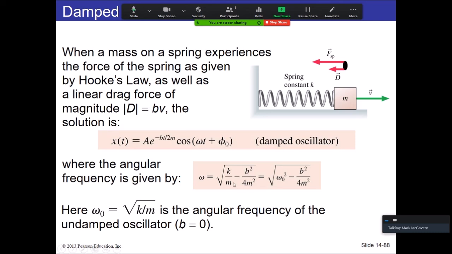It looks like the familiar square root of k over m that you know, but there's a factor here that involves the damping coefficient. So this is basically saying that the drag is driving the angular frequency down, depending on the values of the mass and the damping coefficient.